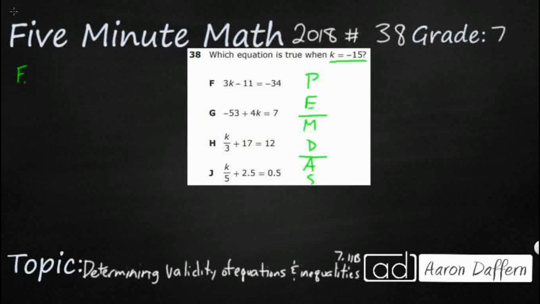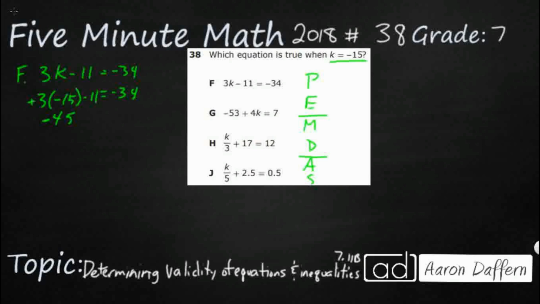So let's say 3k minus 11 is negative 34. I'm going to put 3, parentheses, times negative 15, minus 11 equals negative 34. 3 times 15 is 45, so 3 times negative 15 is negative 45, because it's a positive and a negative.